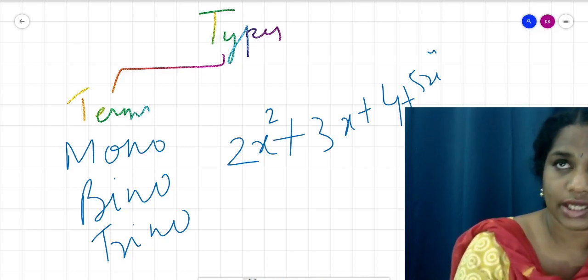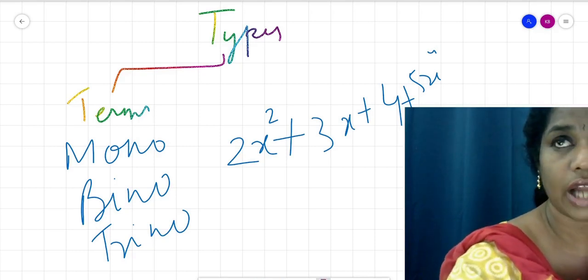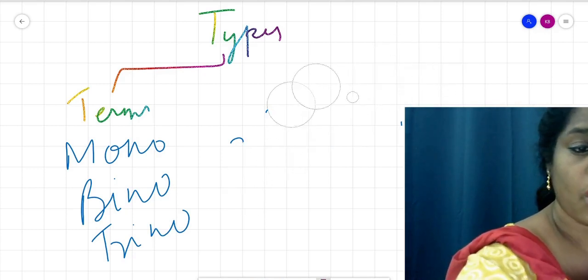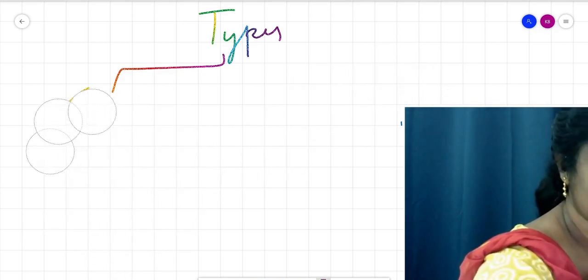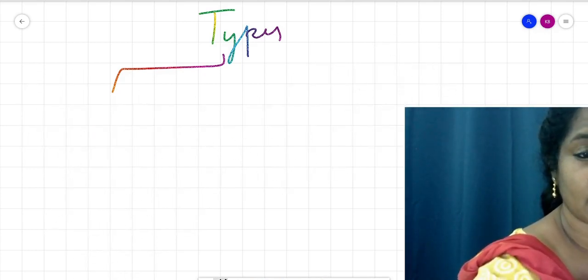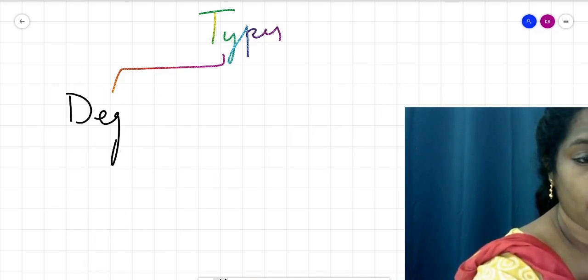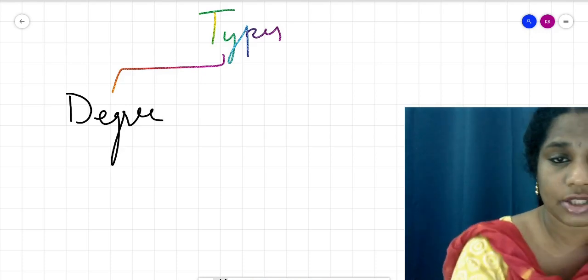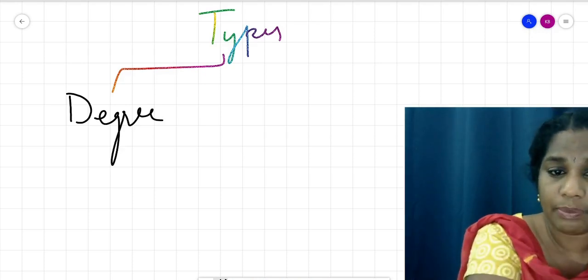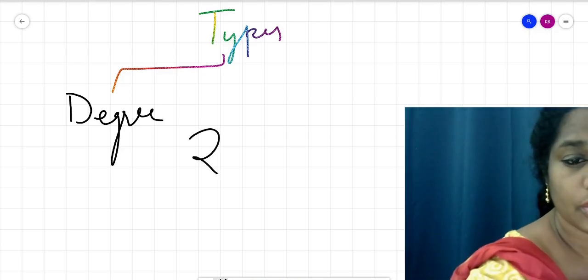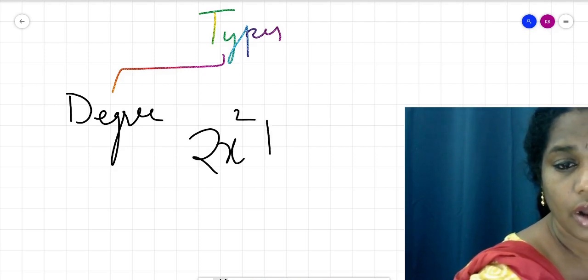Now we need to understand how we are going to classify it based on degree. What is degree? Do you know what is degree of a polynomial? It's very easy to understand. You have a polynomial 2x raised to 2 plus 3x plus 1.